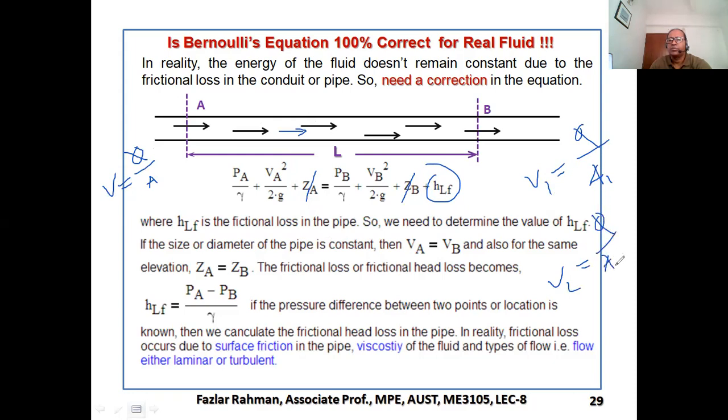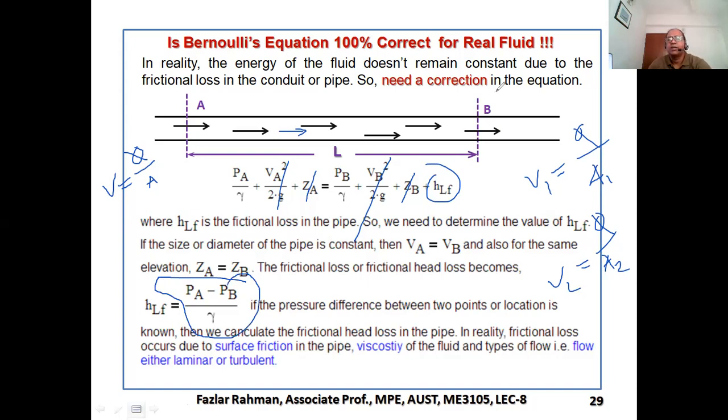But at these two points A and B, if the pipe diameter is the same, then velocity will be the same, right? So these V terms will cancel out. So what are we getting now actually? hLf equals PA by gamma minus PB by gamma. That means you are getting this much loss, right?